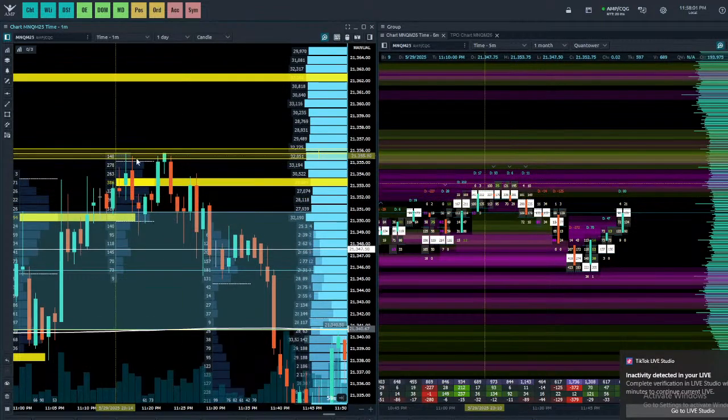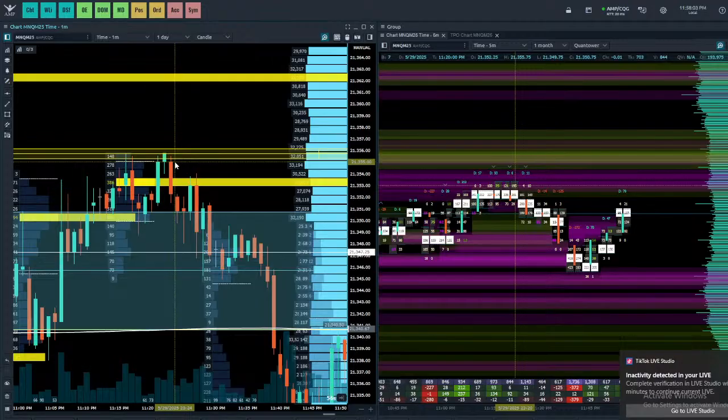The order block is the first. I think about it like this: my supply and demand zone, my order block, that first candle.